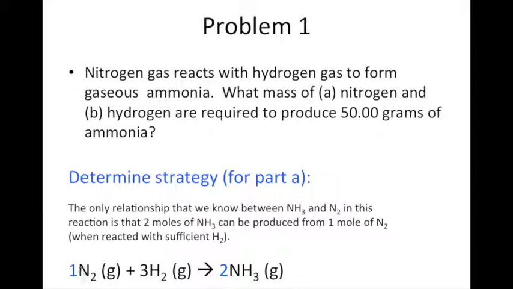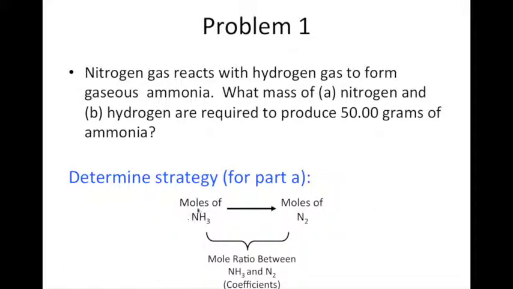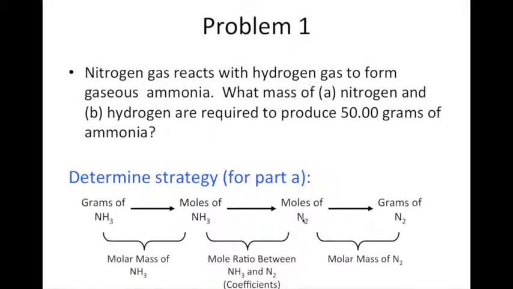Well, I need to look at the stoichiometric relationship between ammonia and nitrogen. 2 moles of ammonia can be produced from 1 mole of nitrogen given excess hydrogen. So we can use that stoichiometric relationship to convert from moles of ammonia to moles of nitrogen.